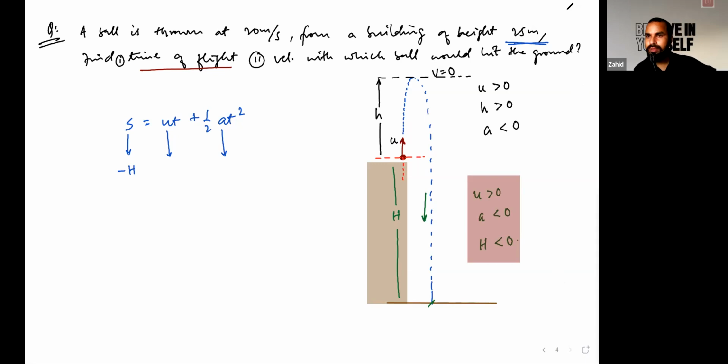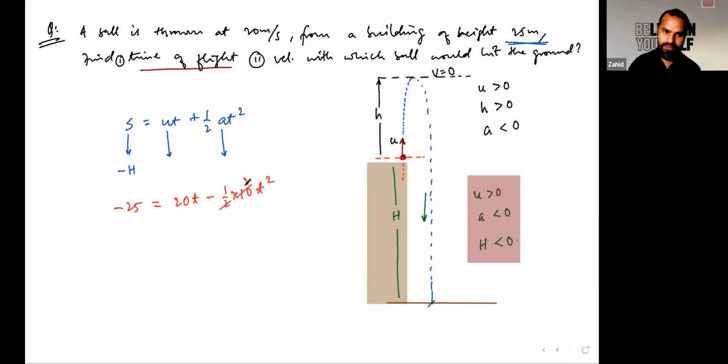On solving this equation, you would finally come to a point where a quadratic equation will be obtained. I think there is some mistake in calculation, Hamza. In this situation, S is displacement, that is capital H, and capital H is 25 meters. So just put minus 25 is equal to initial velocity 20 into t minus half gravity, which is 10, times t squared.